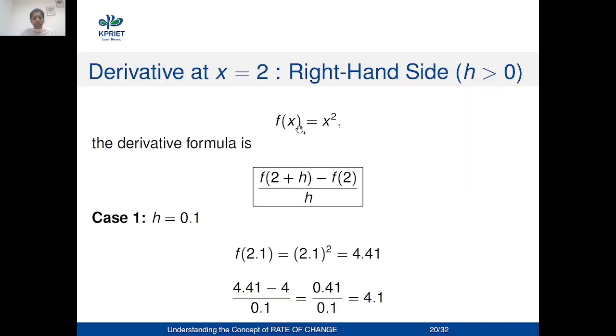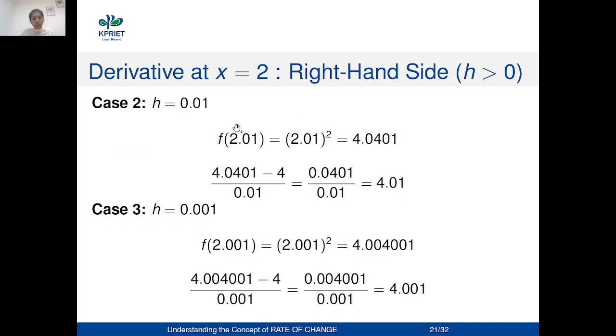Now let us consider the same observation for the point x is equal to 2. Let us observe the function f of x is equal to x square, and for the point x is equal to 2, let us take h as 0.1, it gives 4.1, and for h is equal to 0.01, it gives 4.01, and for h even smaller, it converges to 4.